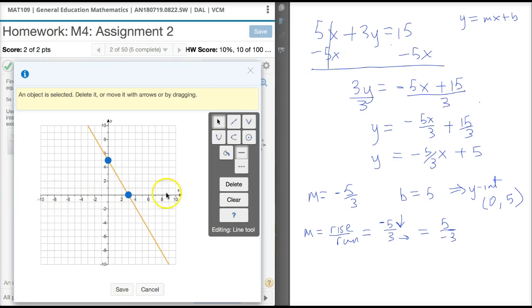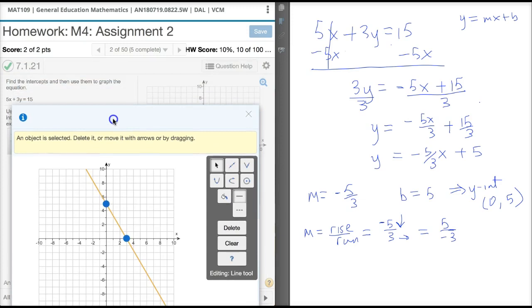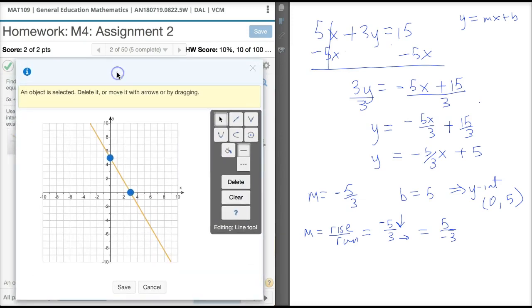Sorry, a point that's on the x-axis, and it ends up being an x-intercept, okay? If I had found a point using the slope and that point was not on the x-axis, then according to my directions here, find the intercepts, I would have had to do it again.